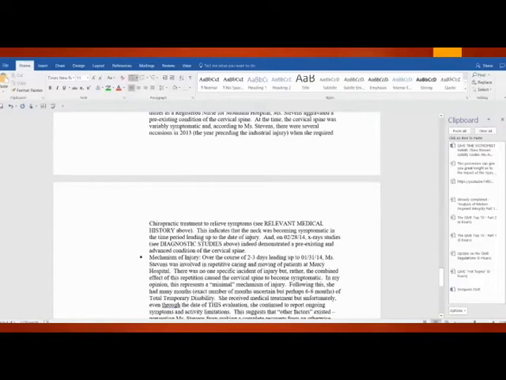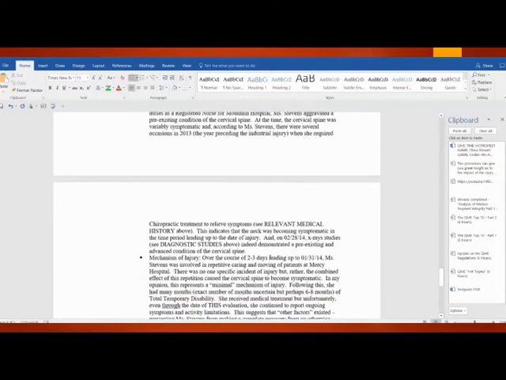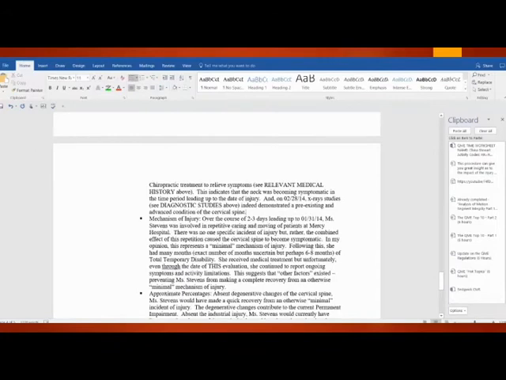This indicates that the neck was becoming symptomatic in the time period leading up to the date of injury. And on 2/28/14, meaning about 4 weeks after the industrial injury, which was on 1/31/14, X-ray studies indeed demonstrated a pre-existing and advanced condition of the cervical spine. So she had a pre-existing condition.